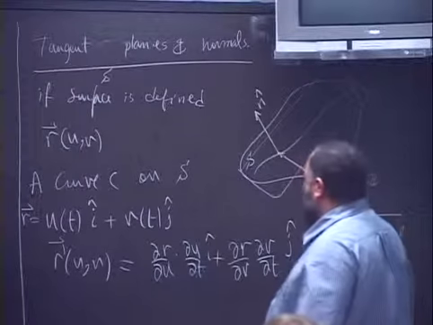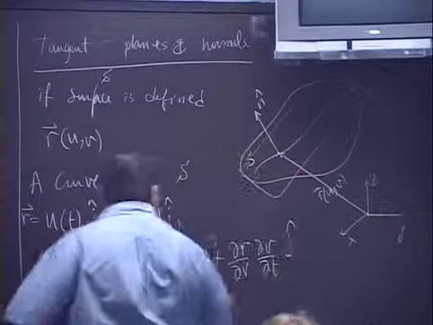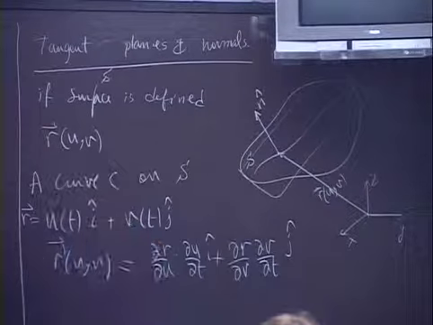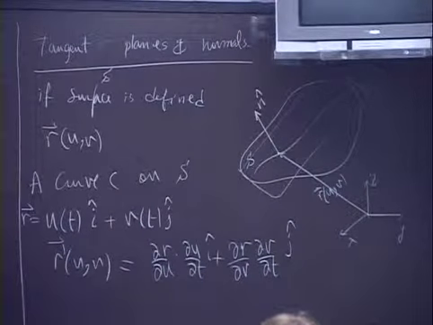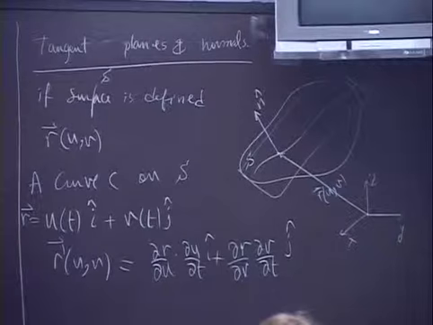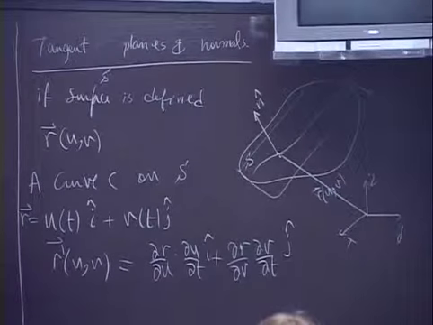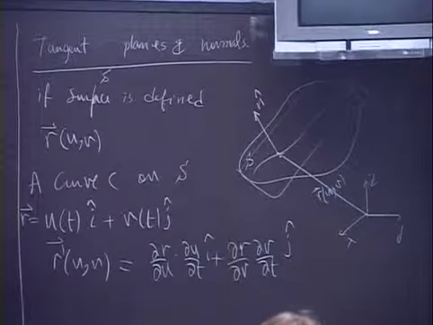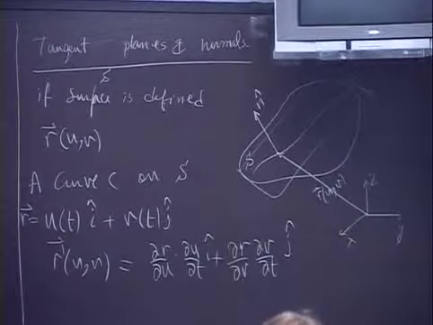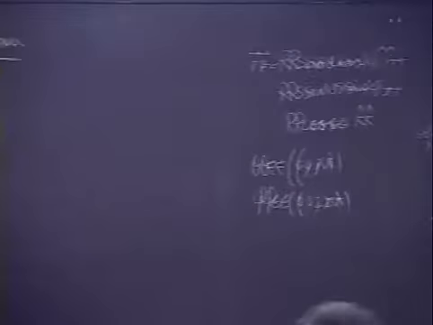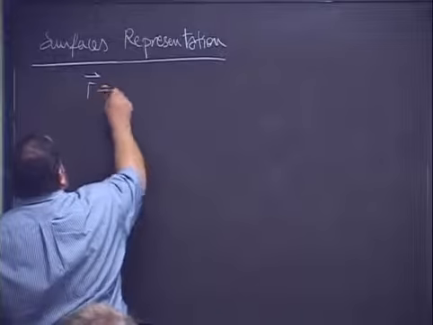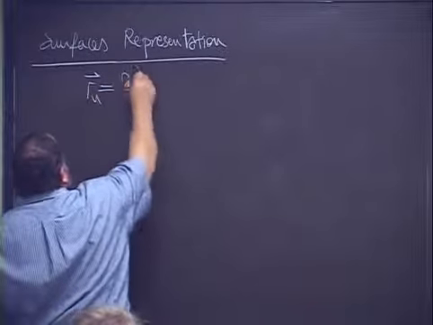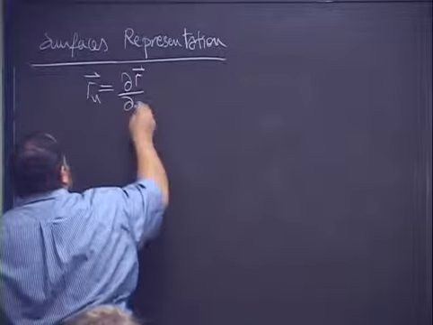Okay, guys, so we can call dr by du as r sub u and dr by dv as r sub v. So we can call the vector r sub u as dr by du.